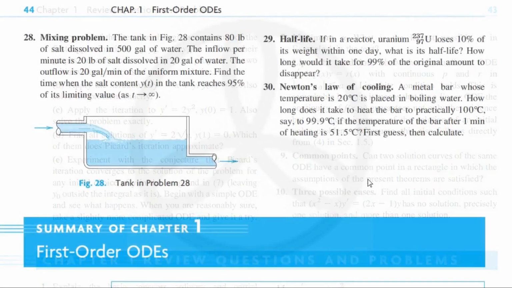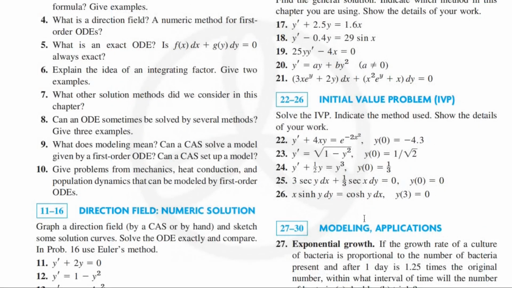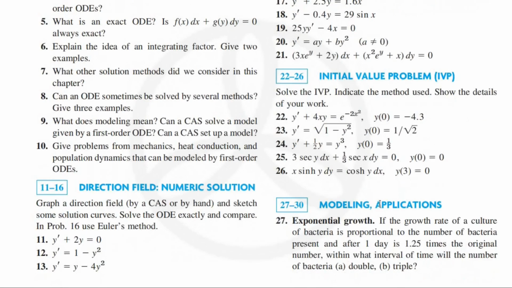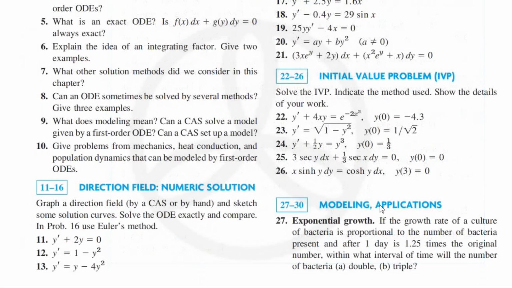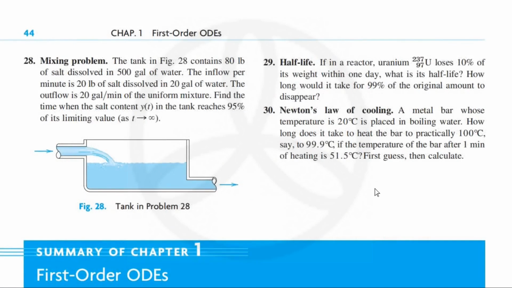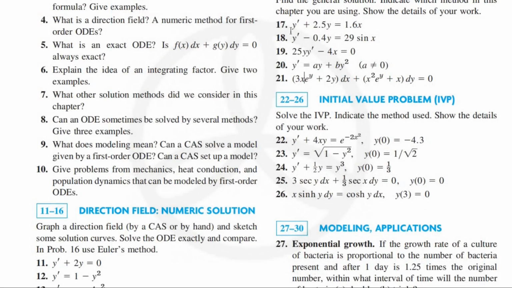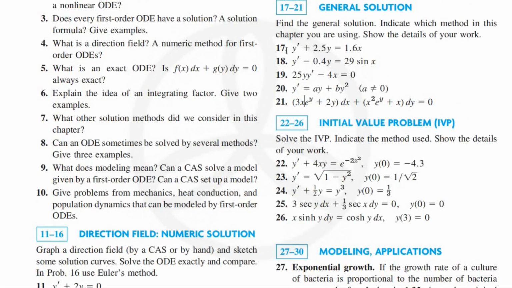And interestingly, we will also touch the modeling questions in this video. There are 4 modeling questions given in this book, and we will take all 4 of them. Okay. Now, let us start from question number 17, which is depicted here, and start solving them.